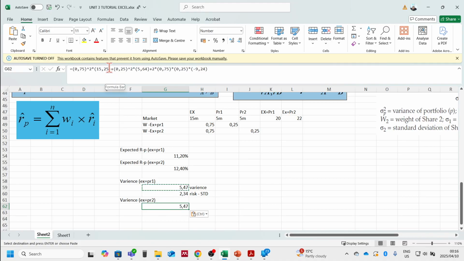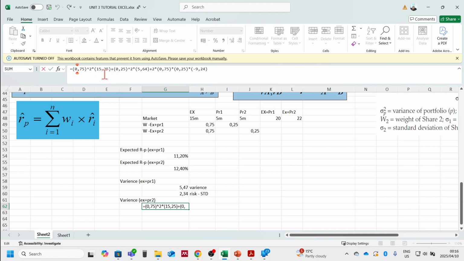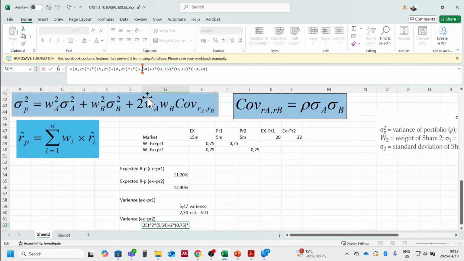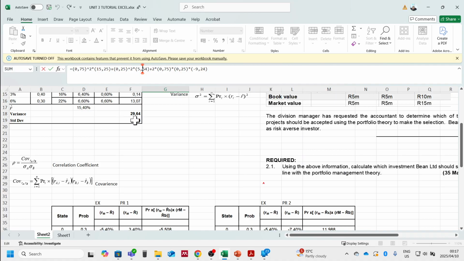Here we have the weight of the existing project multiplied by the variance of the existing project, then the weight of project number 2 to the power of 2 multiplied by the variance of project 2. The variance of this one was sitting at 29.64. That's the only thing I actually need to change here.